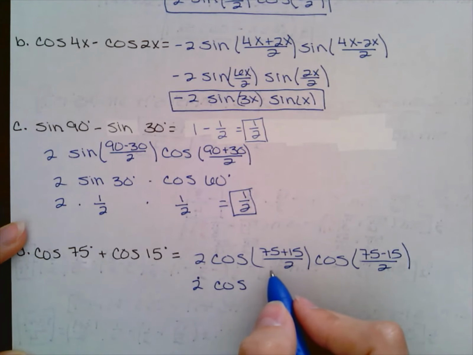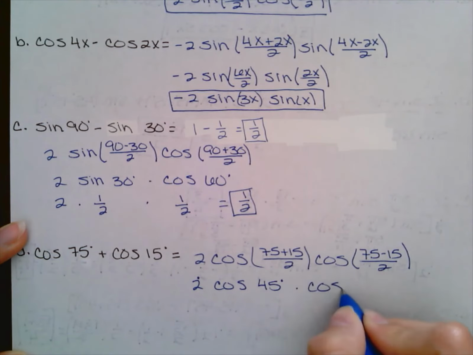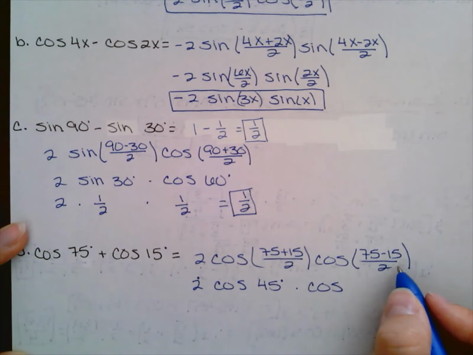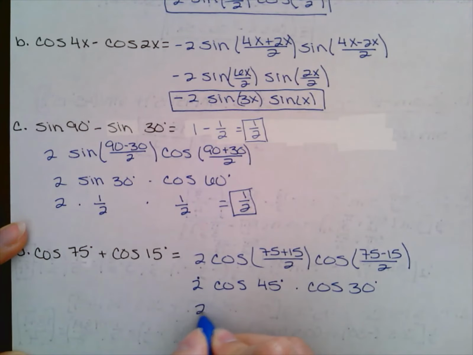So 75 plus 15 divided by 2 gives me 45. And then we have cosine of 75 minus 15 divided by 2 is going to give me 30. So now 2 times cosine of 45 is radical 2 over 2 times cosine of 30 is radical 3 over 2.